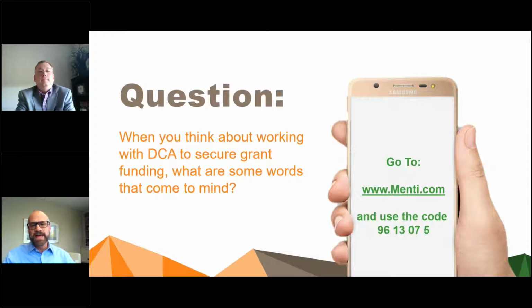And then once you get to that site, enter the following code that you'll see there on that slide, which is 9613075. Once you get there, I want you to think about your current experience in seeking funding from DCA and enter some words that come to mind that best describe that experience.